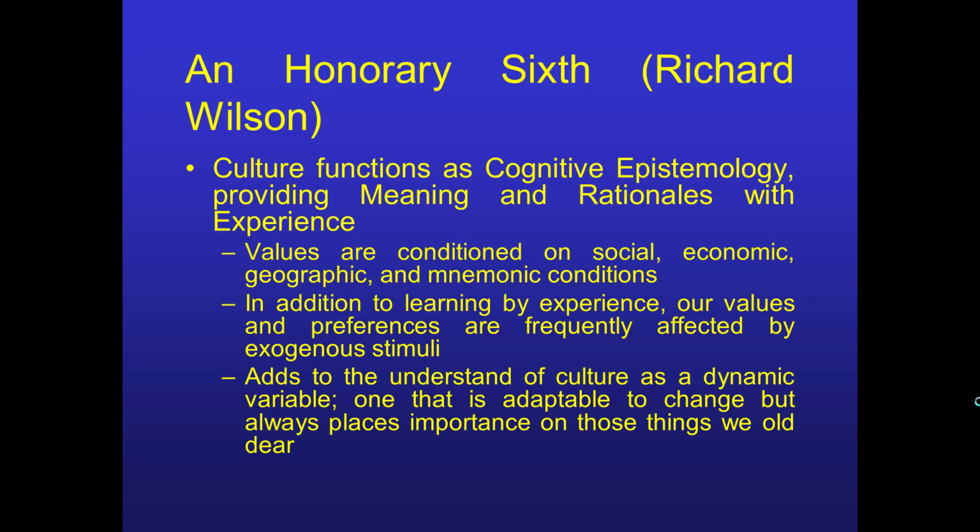And this is a little complicated, but I think that you're going to appreciate the understanding here. Wilson notes that culture functions as cognitive epistemology, which means that culture provides meaning and rationales, here's the underlying word, with experience. So what does Wilson mean here?